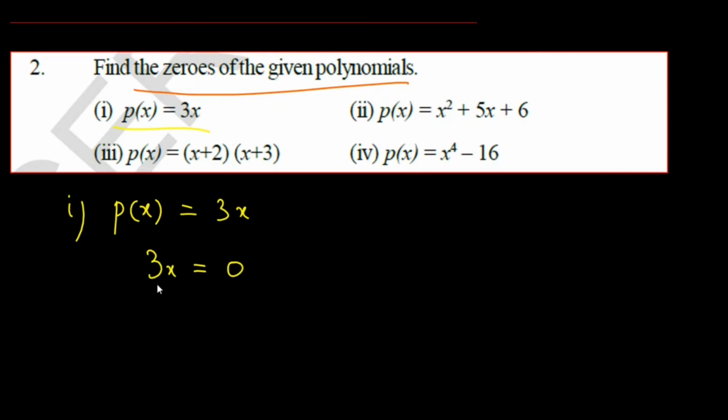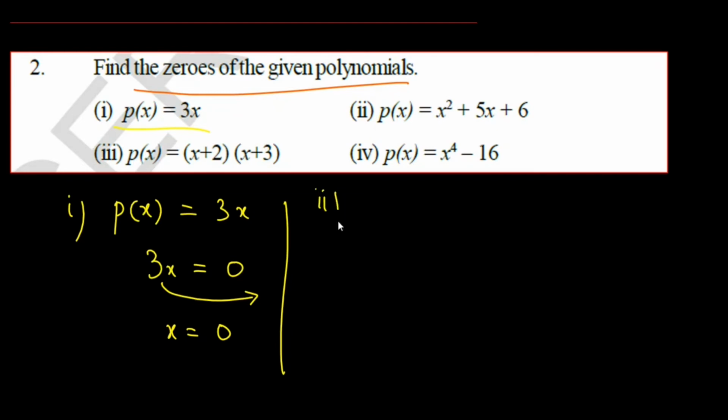Then here, take the constant 3 to the right side, we get x is equal to 0 by 3, that is 0. x equal to 0 is the zero of 3x.